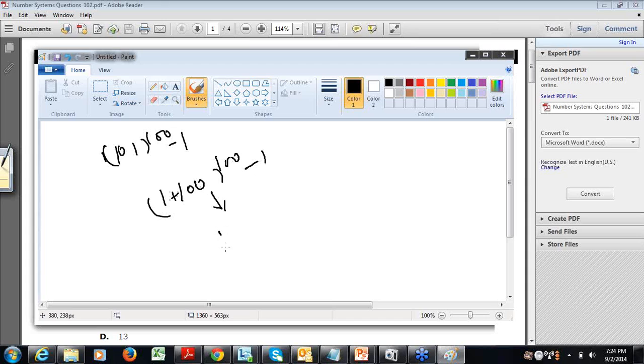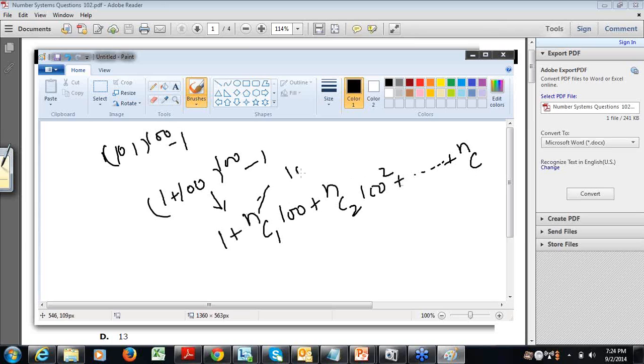What will you get? 1 plus nC1 times 100 plus nC2 times 100 square, and so on, where n is 100 here.